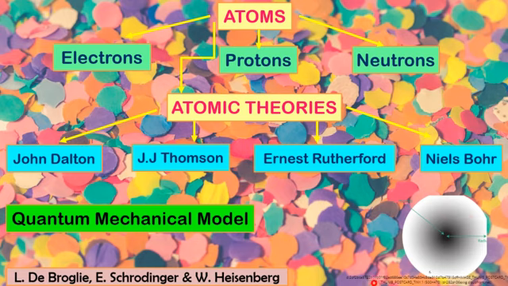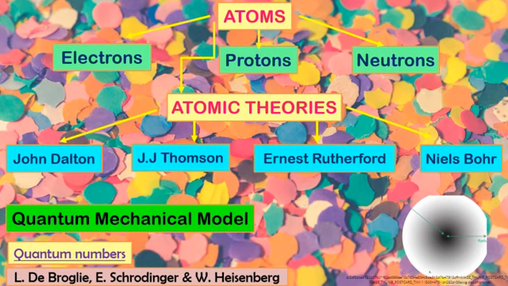In the quantum mechanical model, we studied that there are four sets of quantum numbers which describe the electrons inside the atoms, and they are n, l, ml, and ms. But before anything else, let's have a recap of the four quantum numbers because they are the highlights of our lesson today.